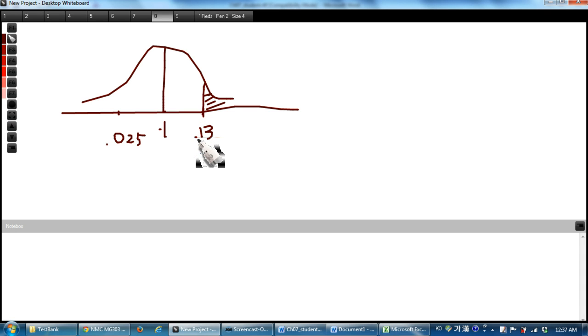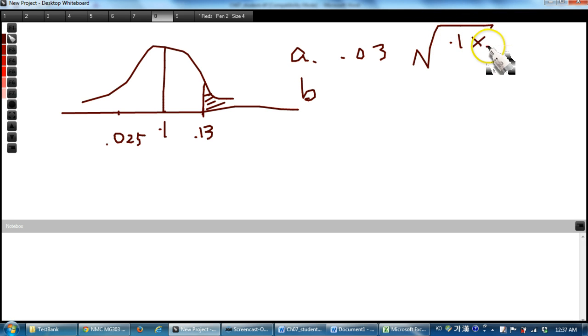Then I come up with the answer, in this case 0.03 is the standard error of the proportion. In this case, the proportion 0.1 multiplied by 0.9, the complement, and divided by 100. So I come up with 0.03, and then in B you need to calculate the z-score.